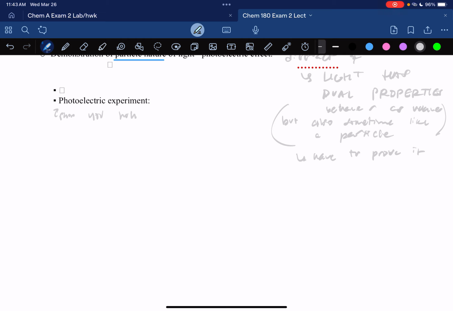Okay. So the photoelectric experiment is something like this. Say I have a piece of metal, and I shine light on it, and we see something kind of strange.